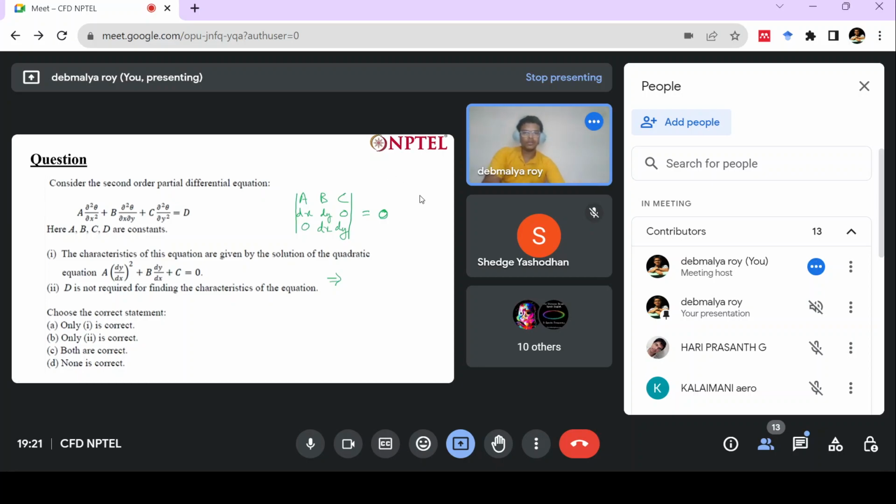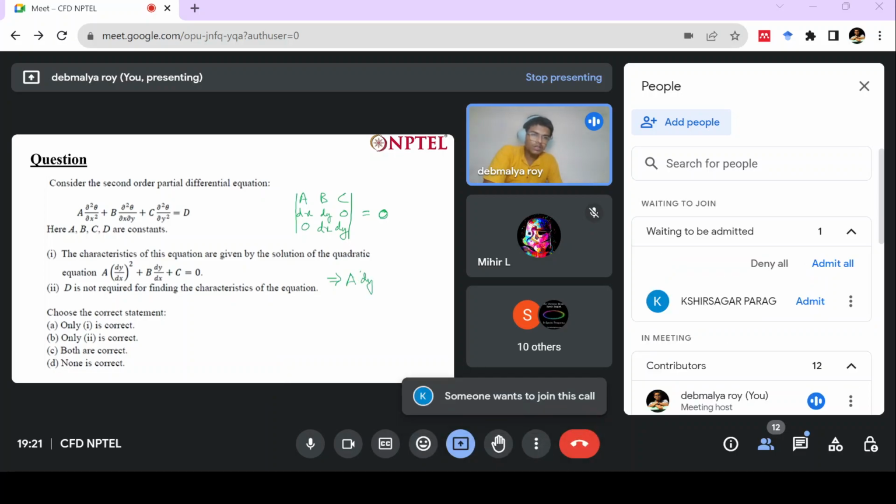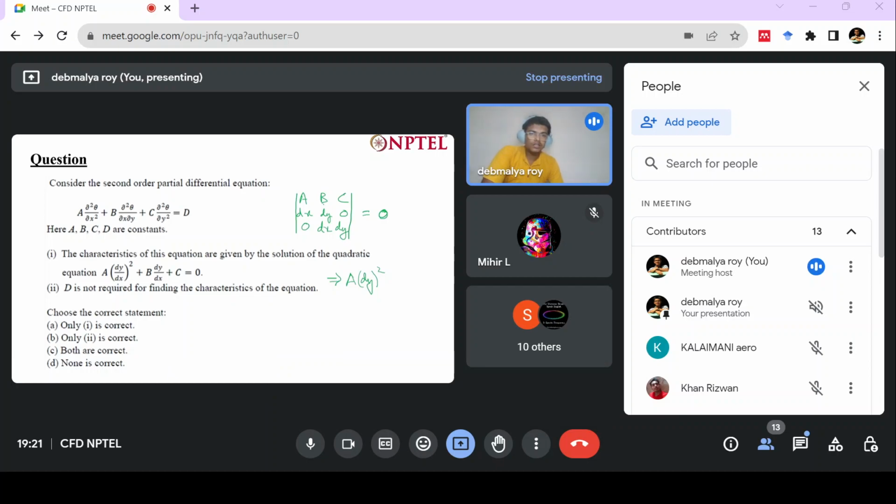This is a simple determinant. Okay. So if we expand this, what we get is a into dy into dy, so a dy square. Then the second term is 0 to 0 and minus dx into dy.